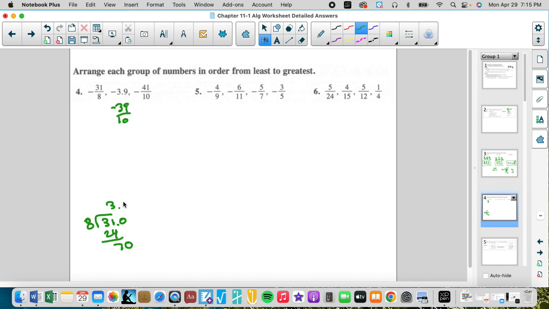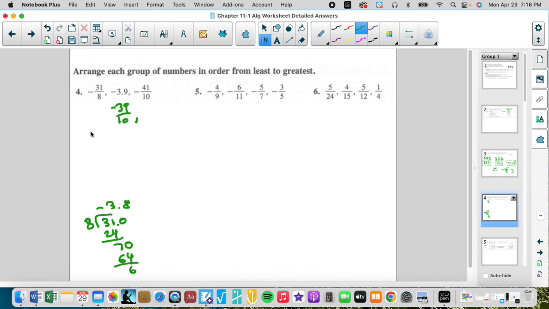That is going to be 64. 64, that is going to be 6. So that's 3.8, negative 3.8. So that's going to be to the right of 3.9.